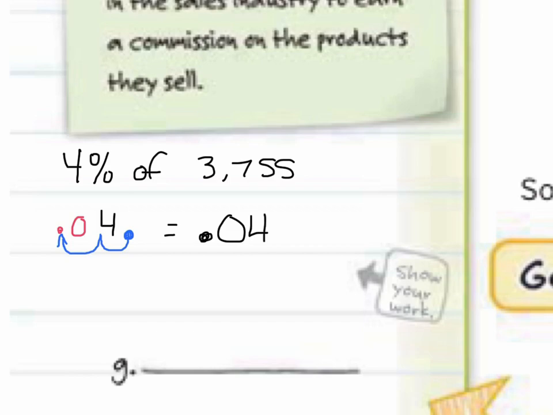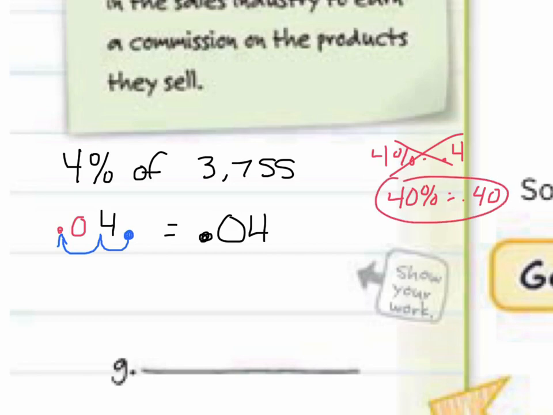A common mistake with percents to decimals is that 4% becomes just 0.4. That's not right. 40% is equivalent to 0.4 or 0.40, but 4% is 0.04. So be careful with that as we solve these.